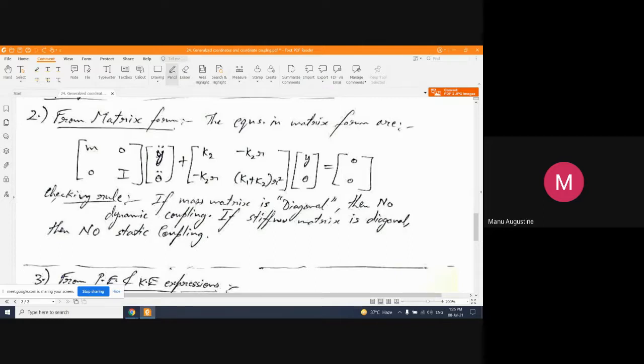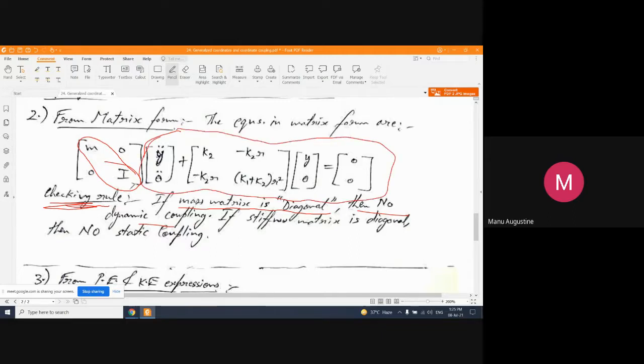How do you do that? Now the checking rule for matrix form of equation is, if the mass matrix is diagonal, yes, it is diagonal, then no dynamic coupling. So all you have to do is construct the mass matrix. If somebody asks you to just go ahead and check for dynamic coupling, whether it is there or not, then you don't even have to construct the rest of these matrices.